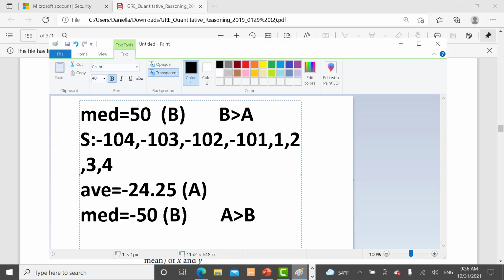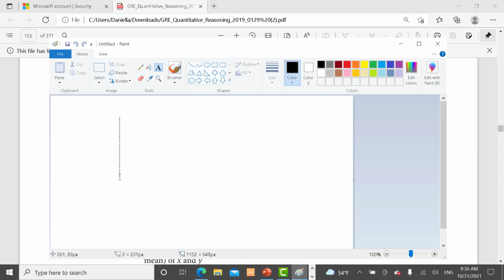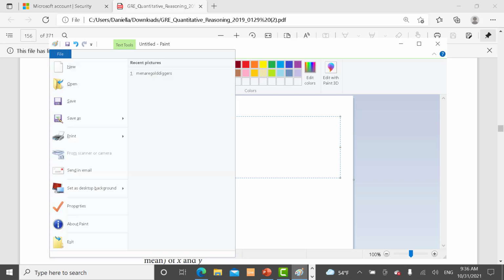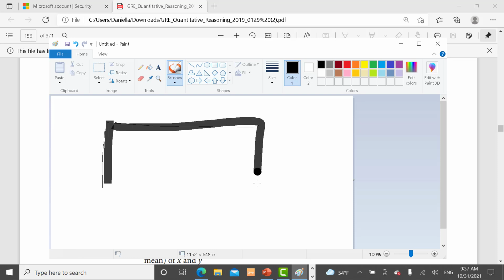So I'm going to use my whiteboard again, and I'm going to erase the old board. This is a rectangle. And the area is 36.